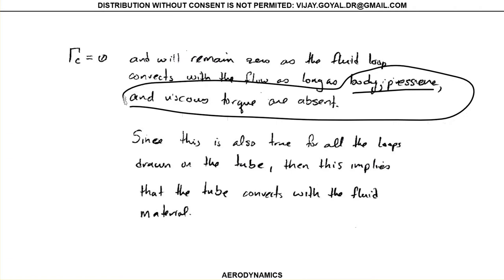These are going to be 0. That's the only reason I can assume this. And it doesn't matter how many loops I draw around this tube, they're always going to convect with the fluid, with the material. That's what it really means. And if they can be 0, that means my tube will convect with the fluid material.